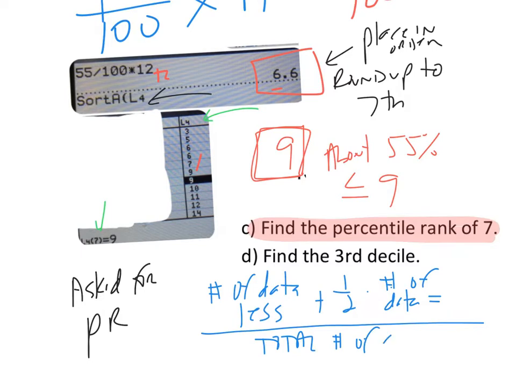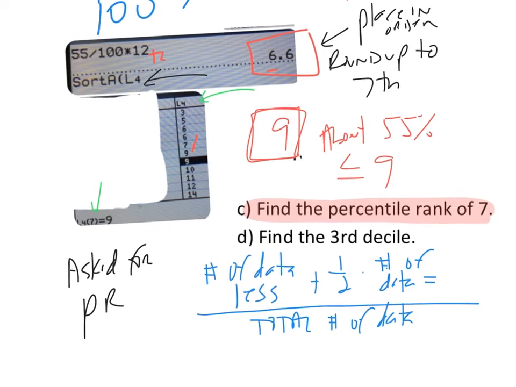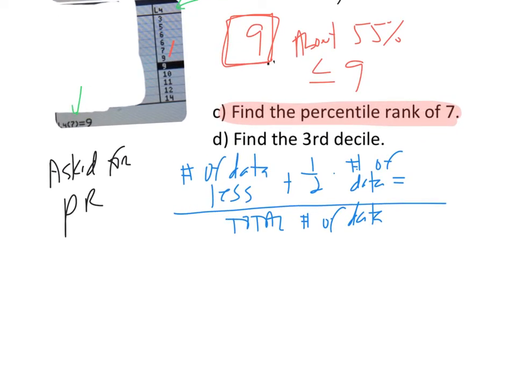Take a moment, try to find the percentile rank of 7 in this data value. Find the number 7 in your sorted list and take a picture of that 7 and supply it on the worksheet.